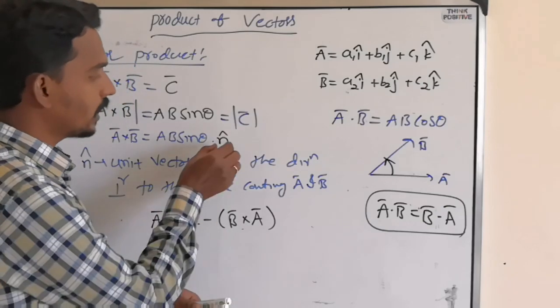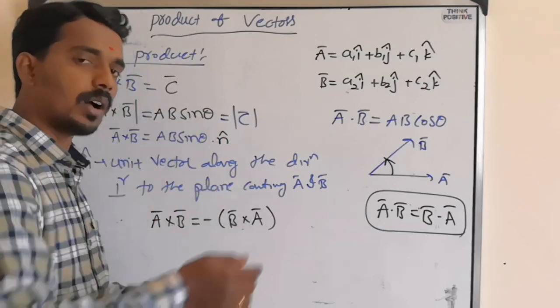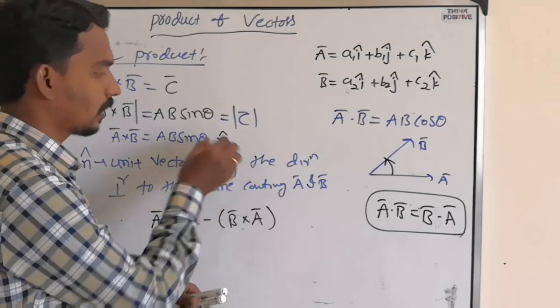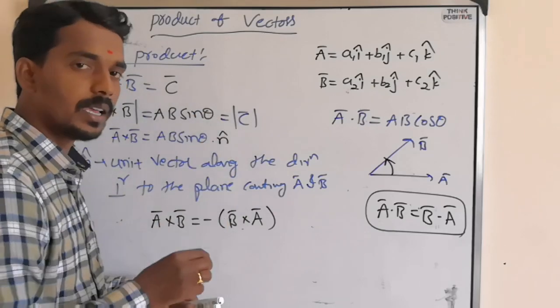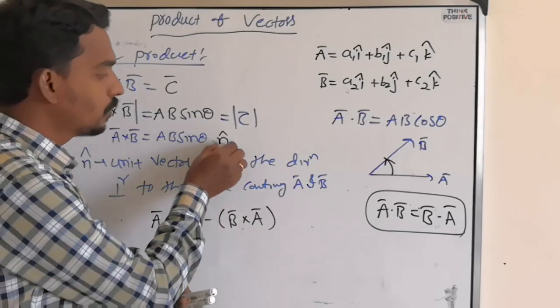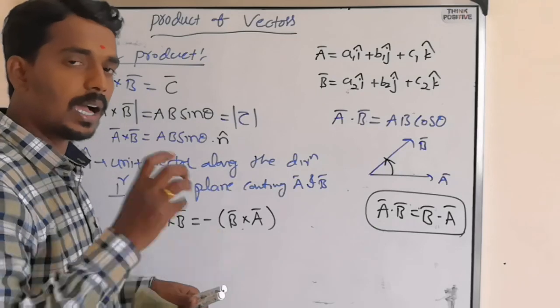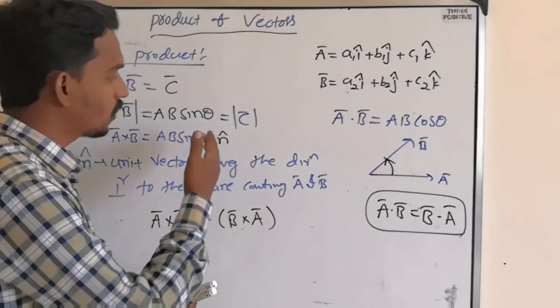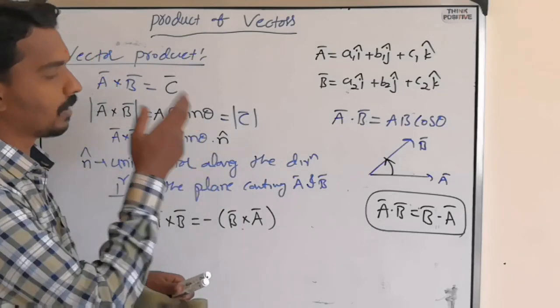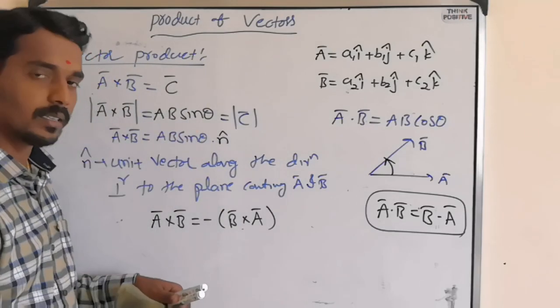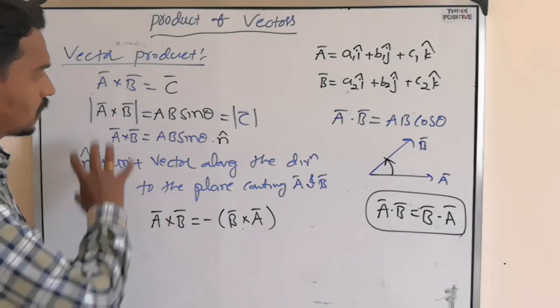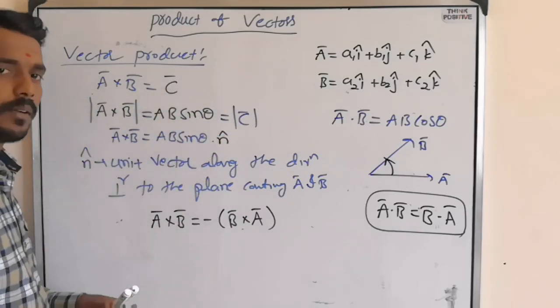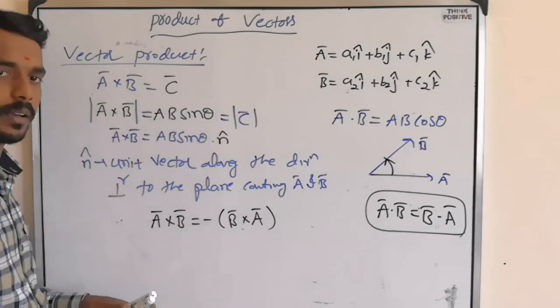That is what we represent with one unknown unit vector, which we take as n cap. So we assumed one unit vector along the unknown direction which is perpendicular to the plane of A bar and B bar, what we represented as n cap. So this is the cross product of A bar cross B bar.